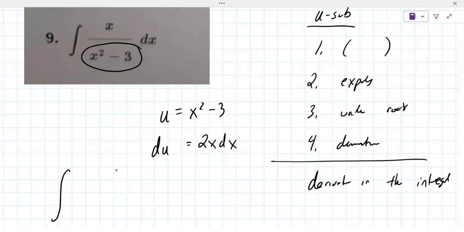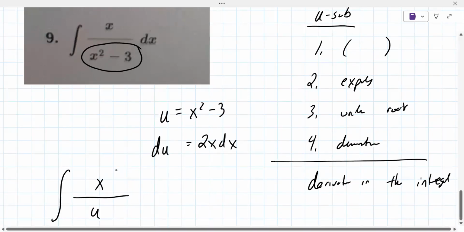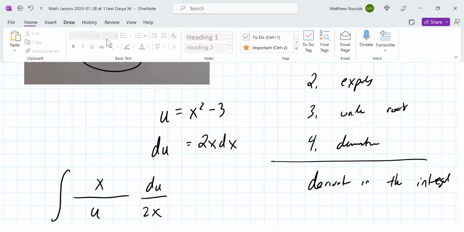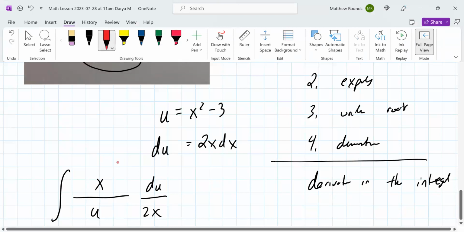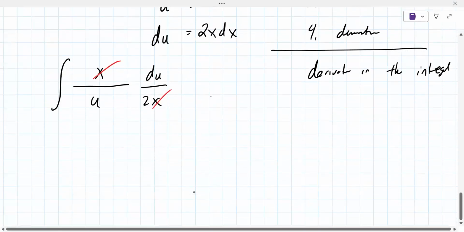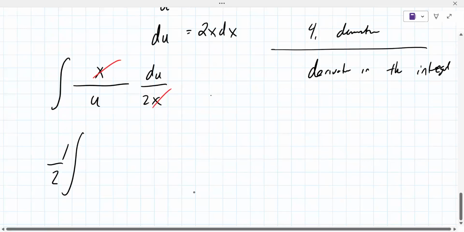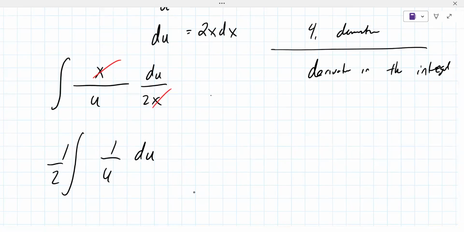Yes. What I was trying to get you to see is that it's du over 2x, like you said, and the x's cancel. That's the whole point of this. If the x's don't go away, then you've done something wrong, or you've made a mistake.